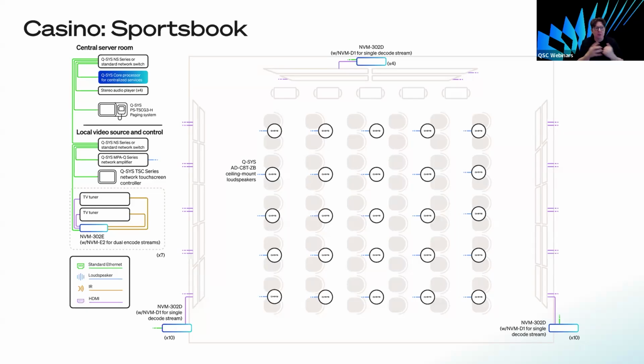But in a recent sportsbook, most of the time you actually have an individual image on each one of those displays because you're showing, say, all 12 of the horse tracks in the US or 15 different sporting events all simultaneously. So you do need that matrix routing, and NVM's a really good application for that.